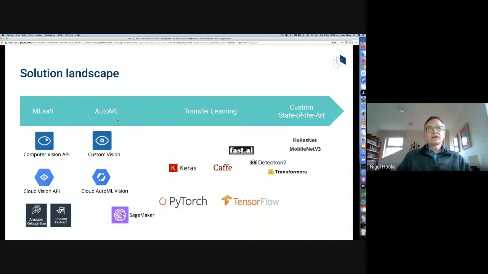These are easy for any programmer to use, but have limited capabilities and are only appropriate if your problem fits the narrow range of their capabilities. Moving to the right, we see services which can be customized to your needs, but require more skill to use. Further right, we have open source frameworks and deep neural network models that are even more powerful.